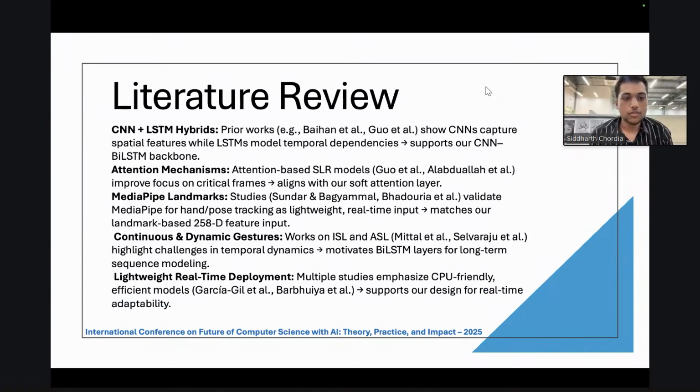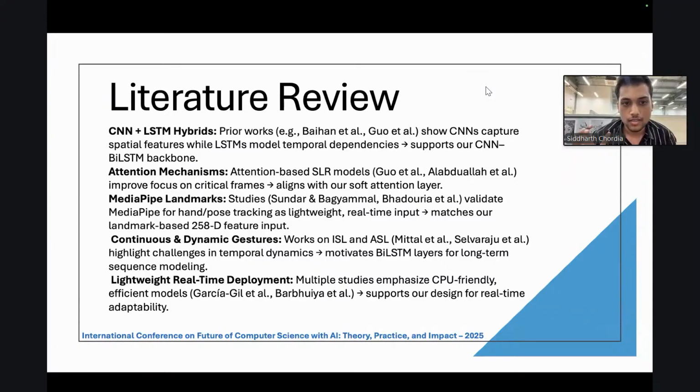In our literature review, we first discovered that CNN and LSTM hybrids are needed, CNN for the spatial features and LSTM for temporal dependencies, like time sequences. The attention mechanism provides focus on the critical frames.